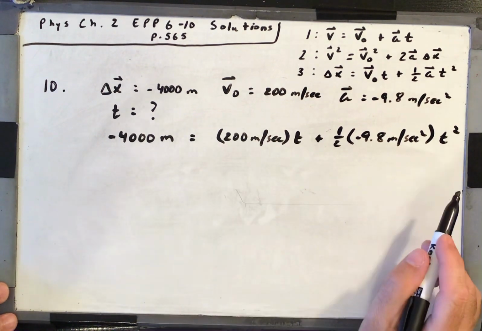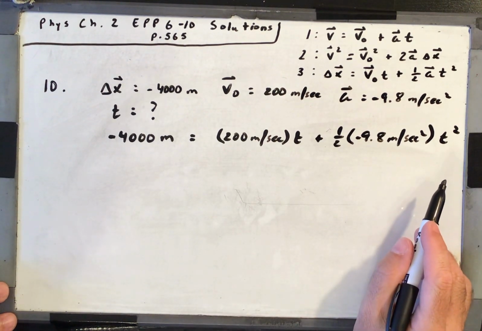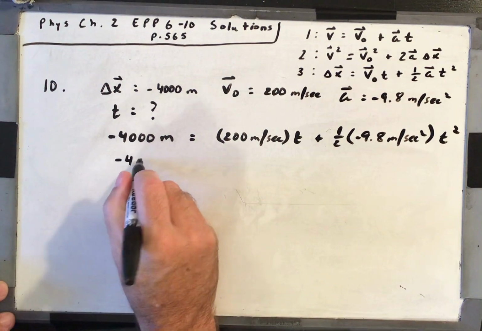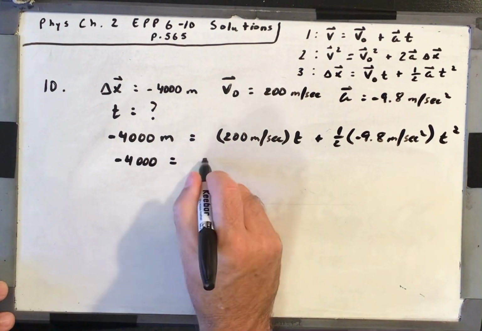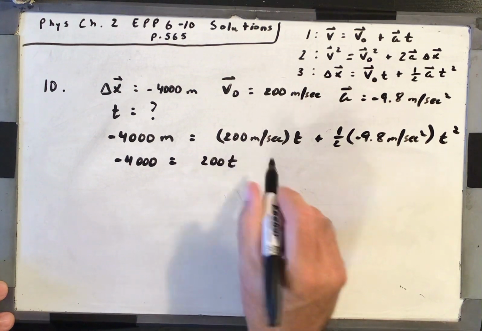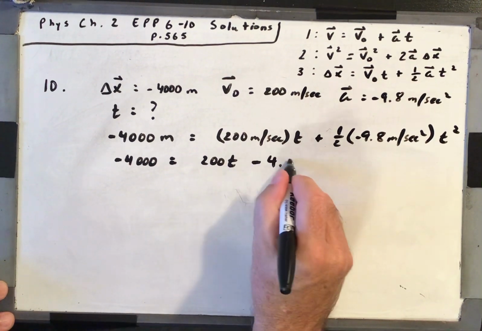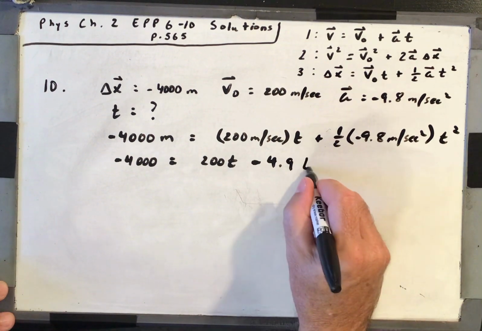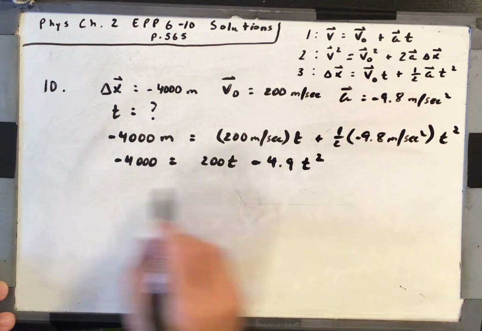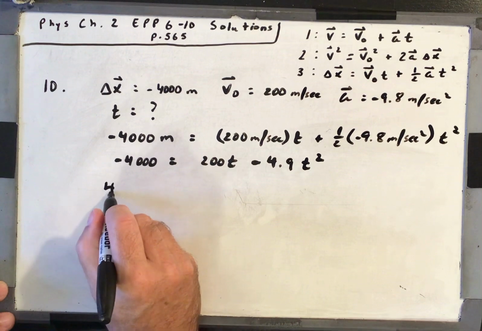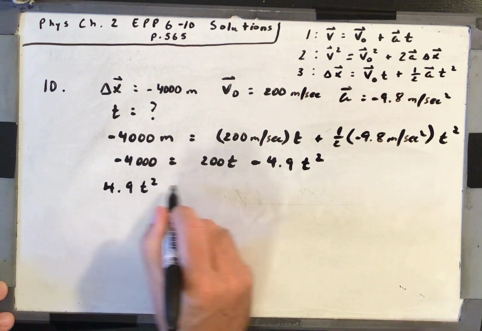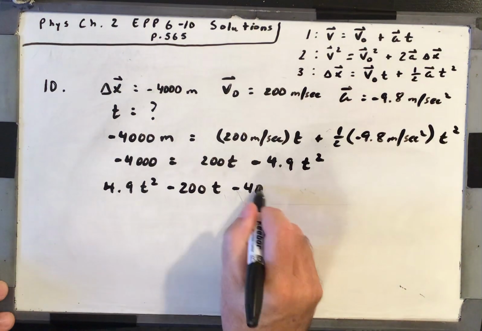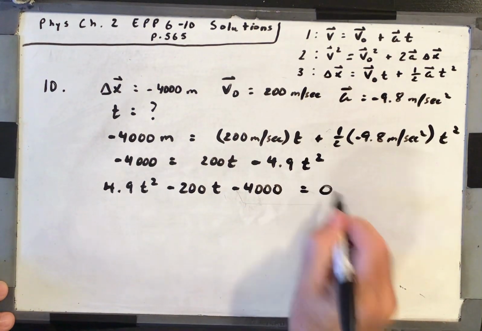Now I'm going to get rid of the units to make everything easier, and you have to set it equal to 0. So negative 4,000 equals 200t minus 4.9 t squared, because 1/2 times negative 9.8 is 4.9. Let's move all this to the left, and I'd have 4.9 t squared minus 200t minus 4,000 equals 0.